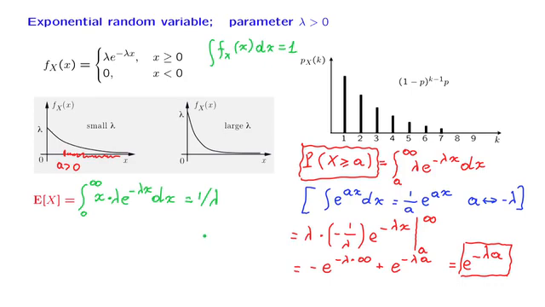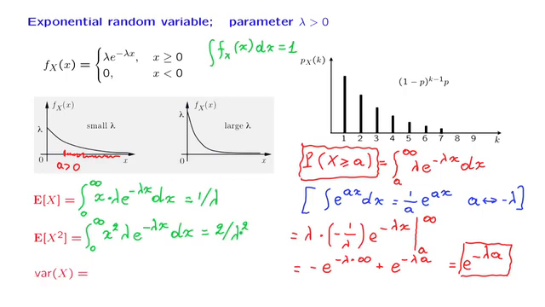Regarding the calculation of the expected value of the square of the random variable, we need to write down a similar integral, except that now we will have here x squared. This is just another integration by parts, only a little more tedious, and the answer turns out to be 2 over lambda squared.